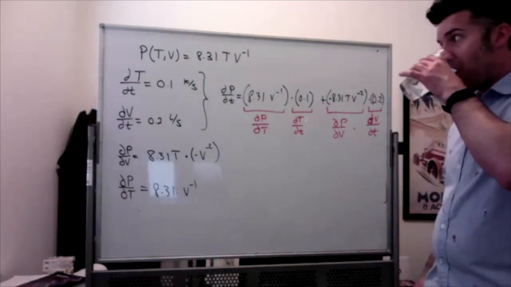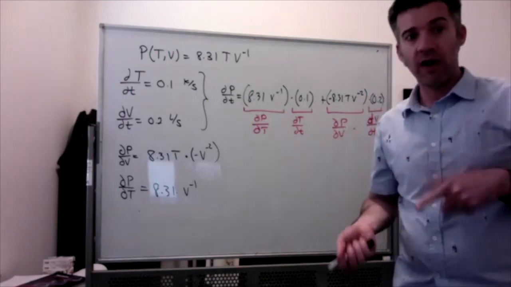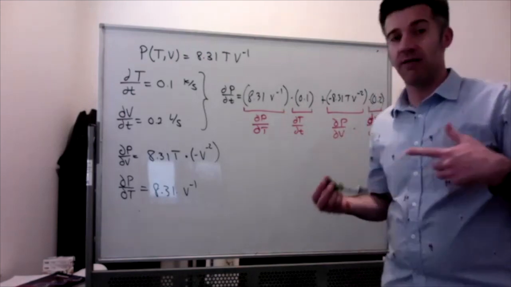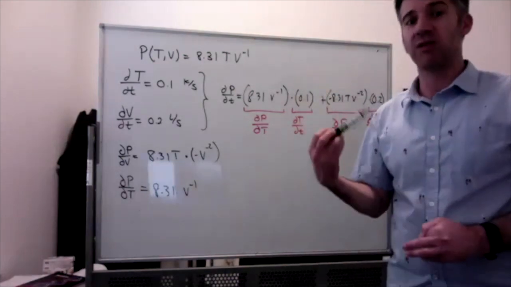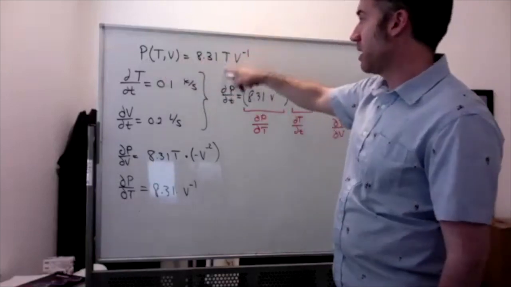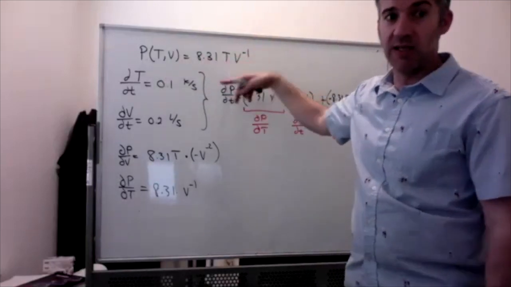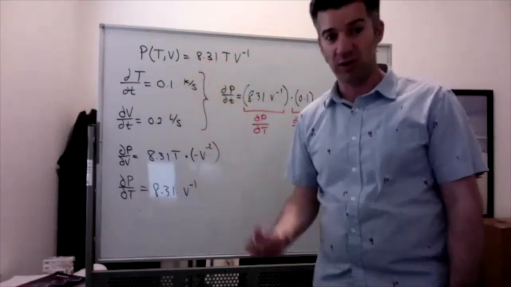So you use a del if it's a partial derivative, meaning if your function is a function of more than one variable, then when you take derivatives of it, you're using partial derivatives. So P is a function of capital T and capital V, meaning it's a multivariable function. When we differentiate it with respect to those variables, we are taking partial derivatives.